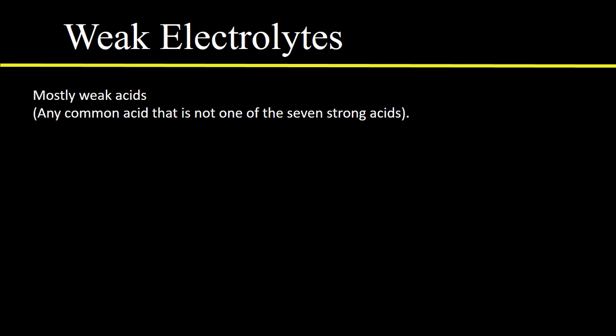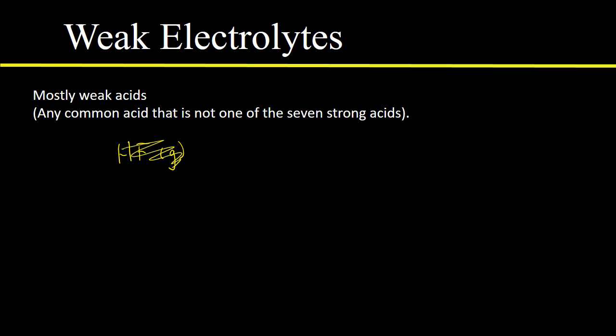Then we've also got weak electrolytes, and almost all of the weak electrolytes are weak acids. And as I said a little bit ago, how do you recognize a weak acid? A weak acid is anything that's an acid but isn't in that list of 7 strong acids. Okay. So for example, HF, hydrofluoric acid.